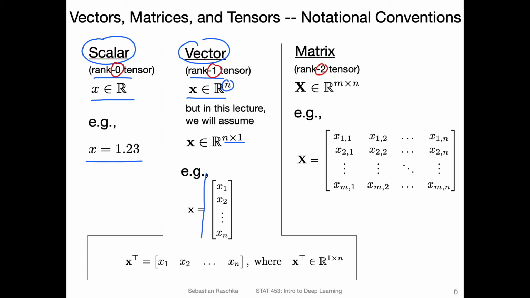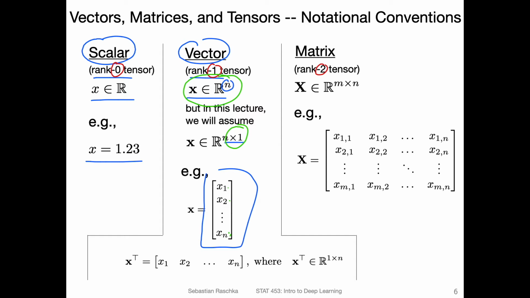It's still written the same way as you would find it in a linear algebra book, where you have n elements, 1, 2, up to n. However, we will assume there's another dimension there. It's just 1, so there's one other dimension with no values in there. So you can think of it as a very slim matrix, a matrix with only one column.